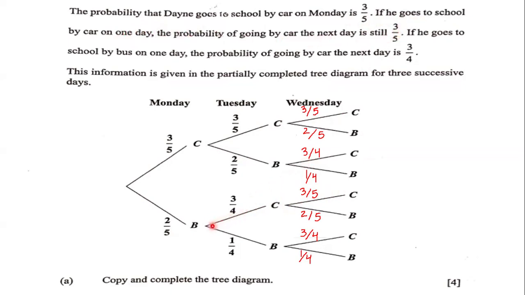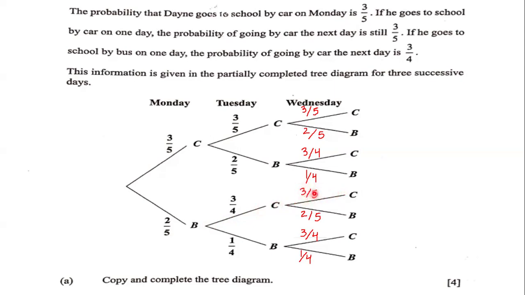So since he went by car on Tuesday, the probability of him going by car the next day, which is Wednesday, is 3 over 5.